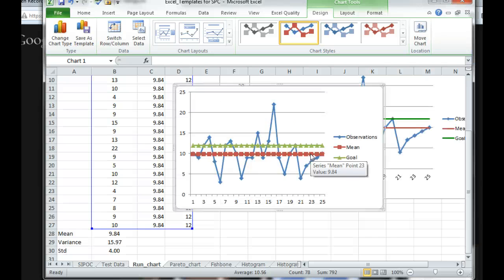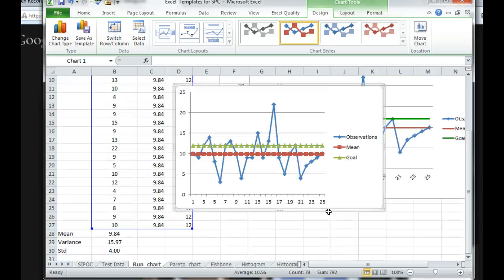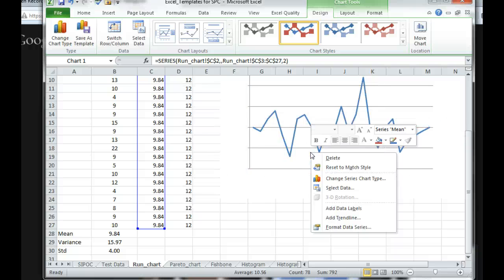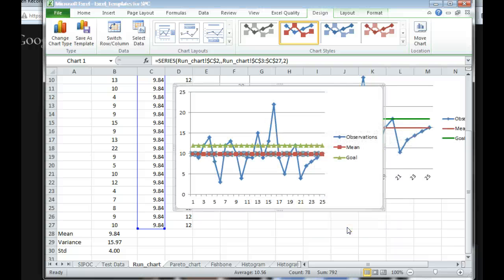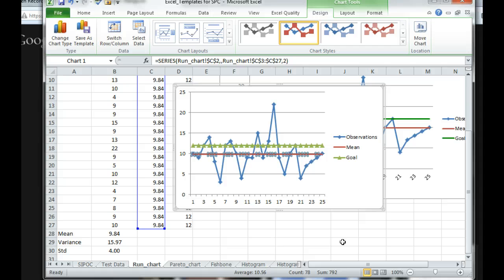I don't need all those dots, this is just jumping up and down. So you do a right click on that line, on any of the data points, and you can see at the bottom it says format the data series. And I'm going to just take out the option for the markers, say I don't want any markers, and I close it, and now you get a clean line.